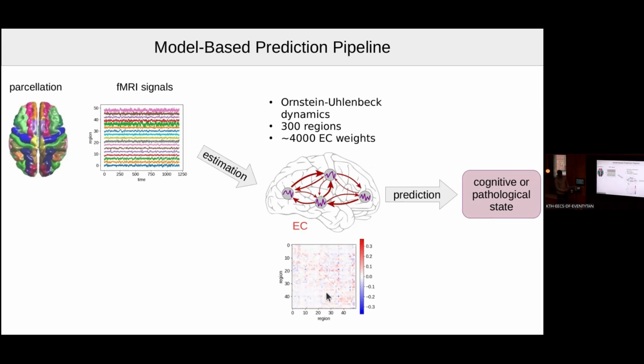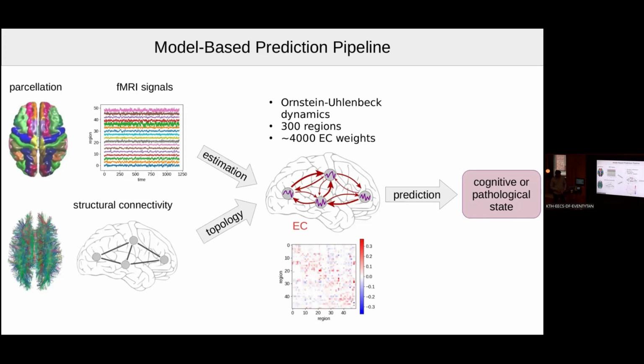And so you can use this effective connectivity matrix, so all this matrix of weights, you can vectorize it and use it in your favorite classifier for your prediction. The second aspect of this model is to constrain the topology of this network. So you see that here you don't have an interaction between these 2 regions. And that comes from the structural connectivity.